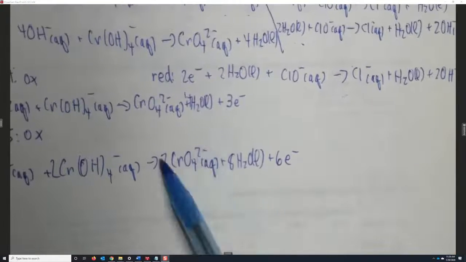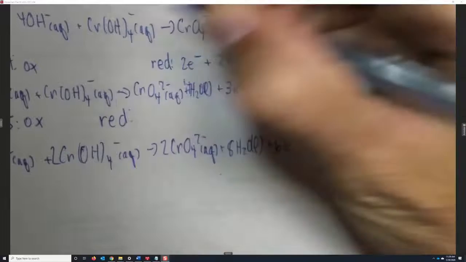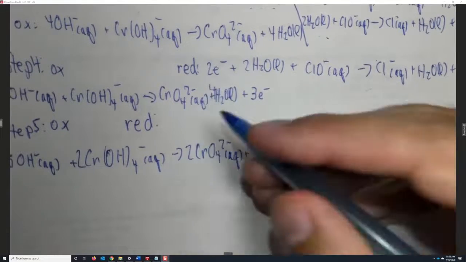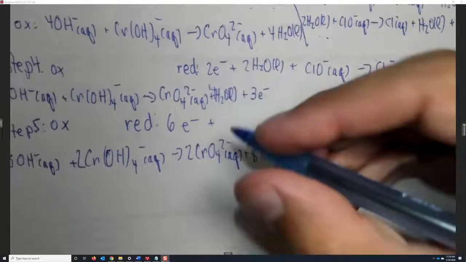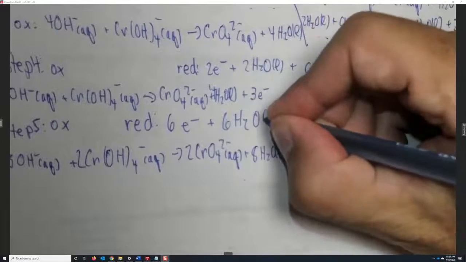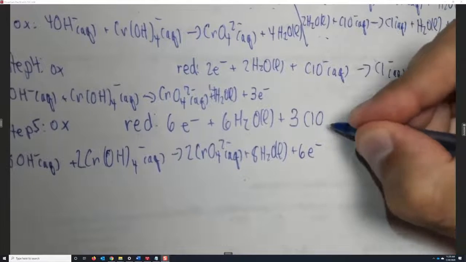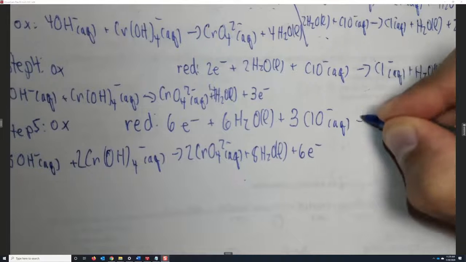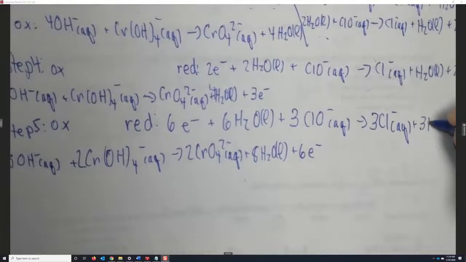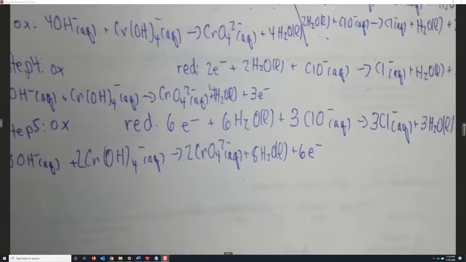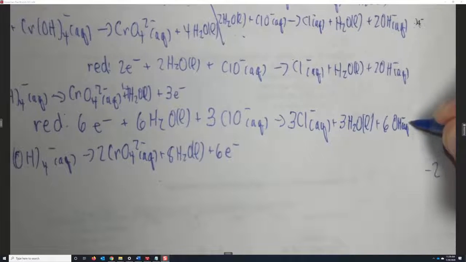For the reduction half reaction, I want to multiply everything by 3. So for the reduction, it's going to be 6 e minus plus 6 H2O liquid plus 3 ClO minus aqueous yields 3 Cl minus aqueous plus 3 H2O liquid plus 6 OH minus aqueous.